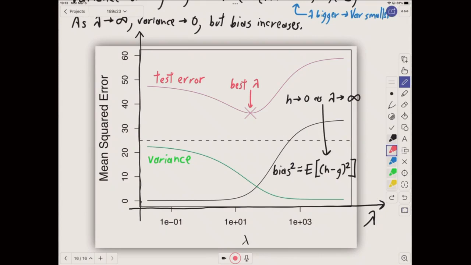Any questions about that? Yeah. If we do what to the bias term? That's true. H doesn't necessarily go to 0. The bias term is still there, so you're right.